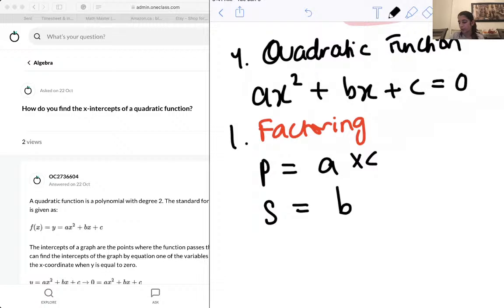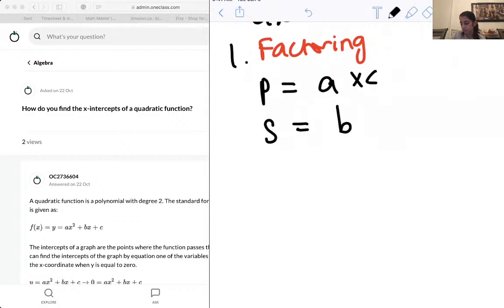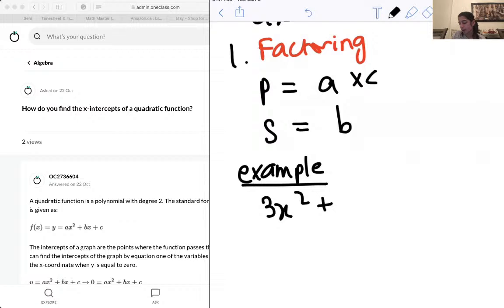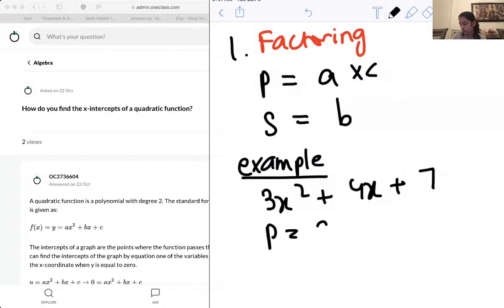For example, we have 3x squared plus 4x plus 7. So we have to find a product whose multiple is 3 times 7, which is 21, and a sum of 4.